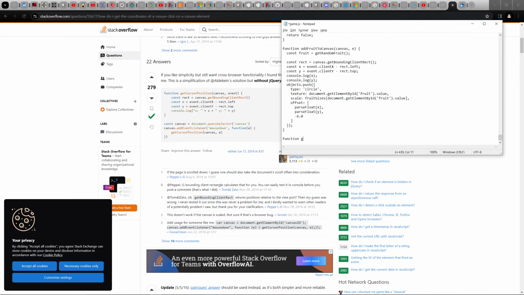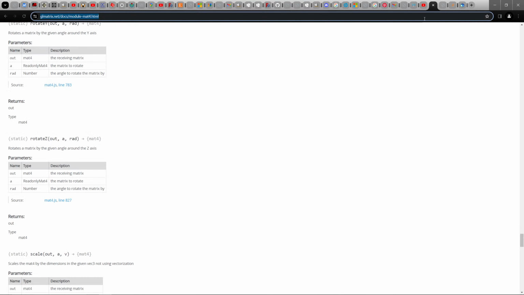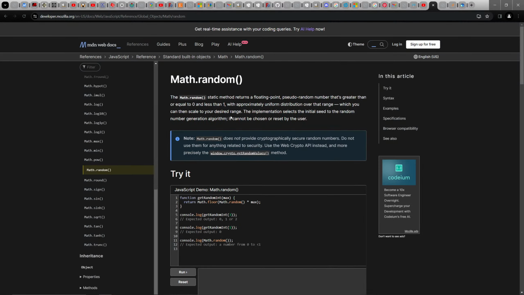A helper method. So let's look up the random number generator. All right.